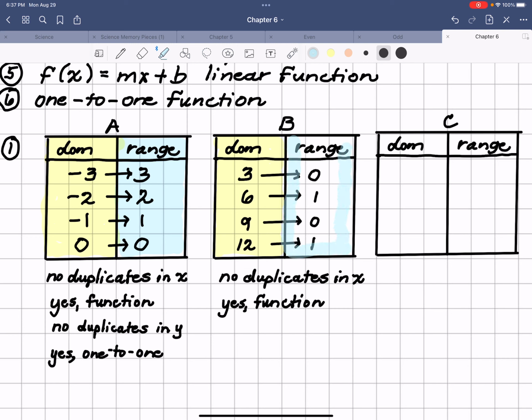If you look at the Y column, or the range, the f of x column, there are duplicates. So that means it's not 1-to-1.